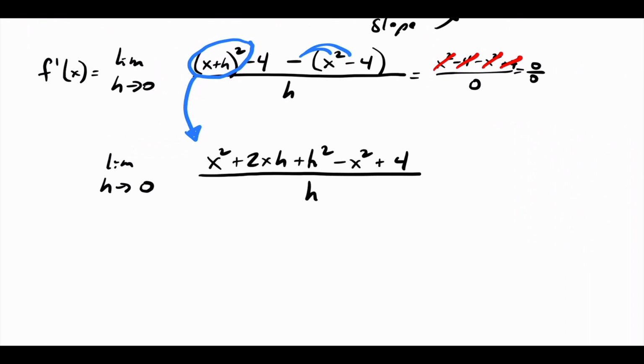Okay, so now let's see what we got. The x squared and x squared go away. Oh, whoops, I forgot to put a negative 4 in there. This negative 4 should have also been in there.